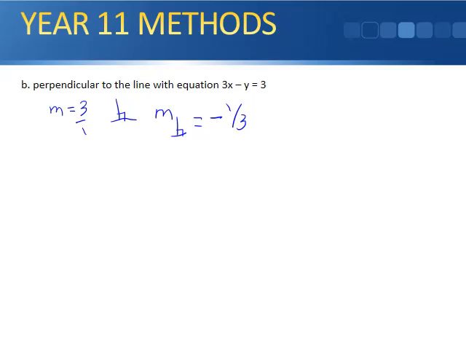I've still got the same point, which was (1, 3). That hasn't changed. So y equals mx plus c. There's my x, there's my y. I need to find my c again. So I've got 3 equals 1 times negative a third plus c. So 3 equals negative a third plus c.